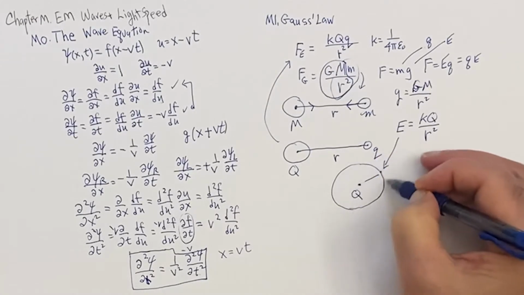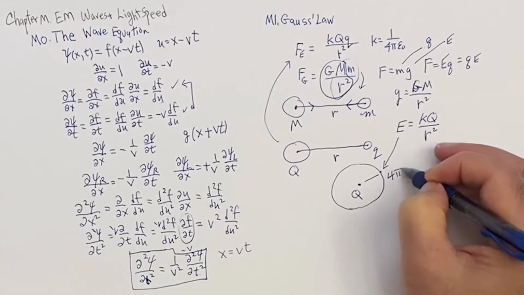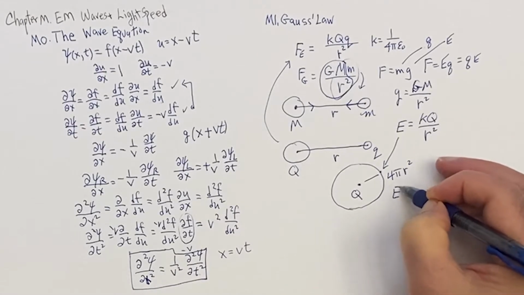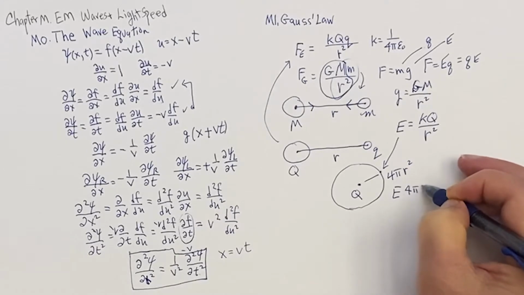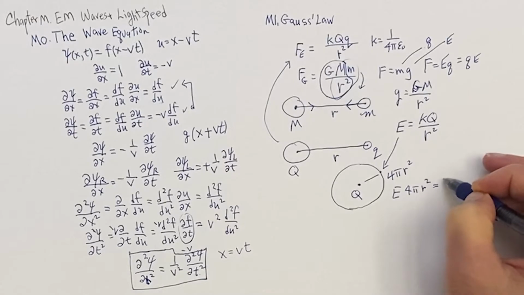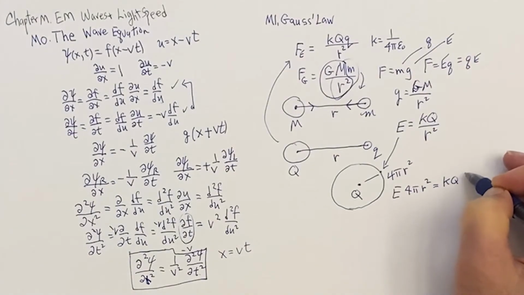And since the surface area is 4 pi r squared, if you multiply E times 4 pi r squared, that's going to get you K Q, and then you're going to have here a 4 pi.